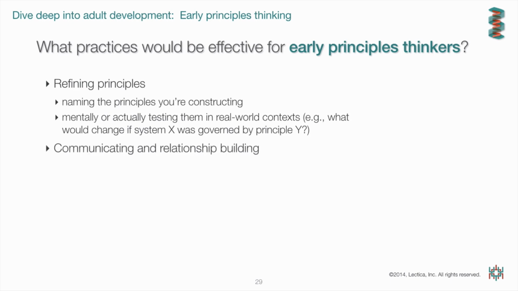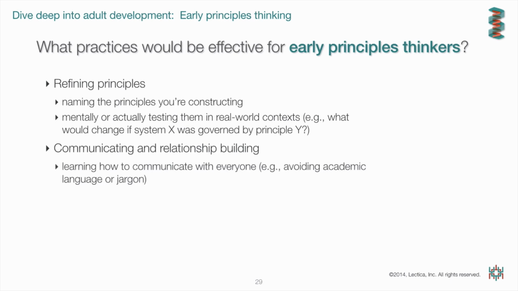Second, communicating and relationship building. This includes learning how to communicate with everybody by avoiding academic language and jargon, and cultivating a network of peers that allows you to talk freely at the level of conversation which comes easily to you. Finally, cultivating creativity by broadening your knowledge and experience base so you can make connections that have never been made before.